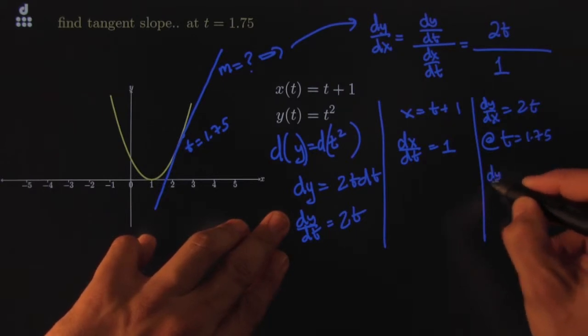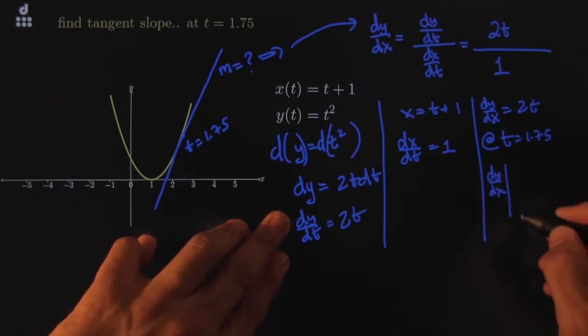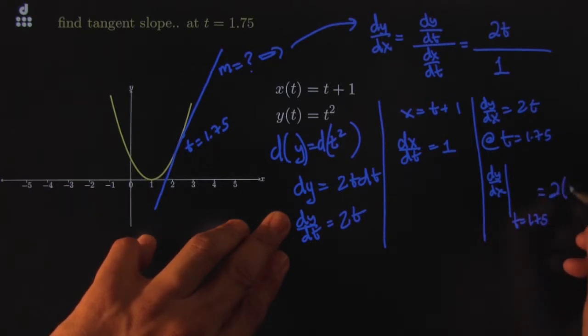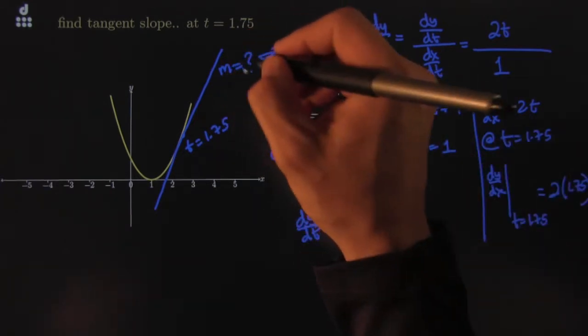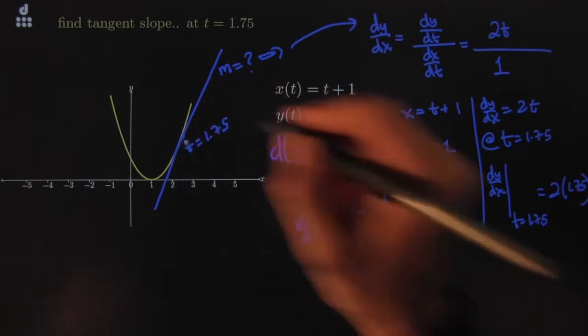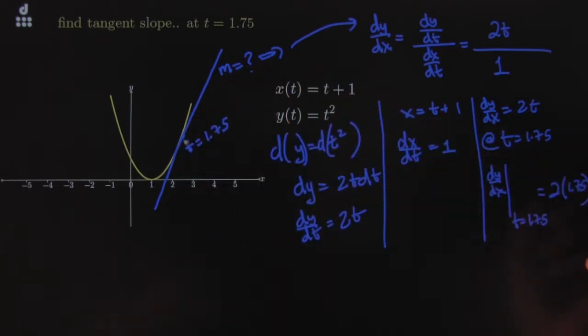So dy/dx at t equals 1.75 is equal to 2 times 1.75. And that's it. So the slope is 3.5. That's the tangent slope here. Rise over run is 3.5.